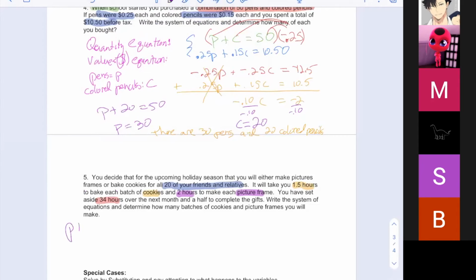Okay, so I'm going to give you the variables. And I just want you to set it up. You don't need to solve it, just set it up. Okay, so let's see how many guys can give me the system.